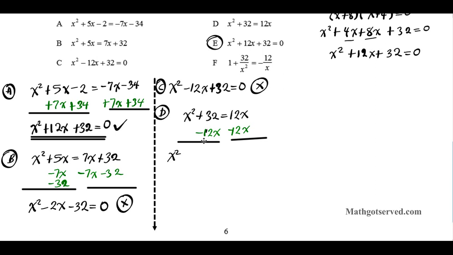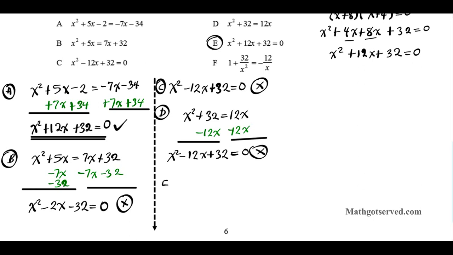We can combine these two since they're unlike terms. x squared minus 12x plus 32 equals 0. Does this match with this equation? Absolutely not. So this does not have the roots of negative 8 and negative 4.